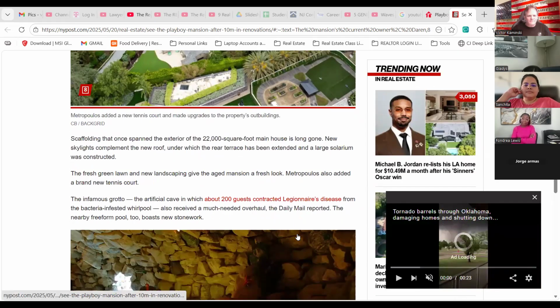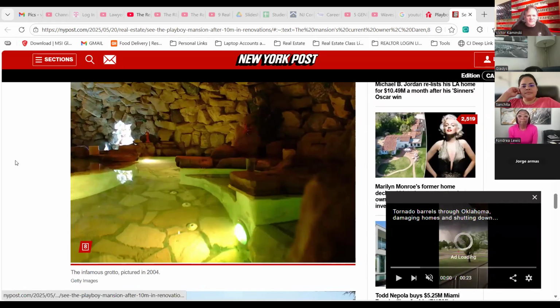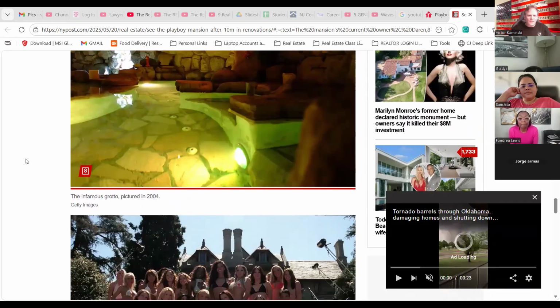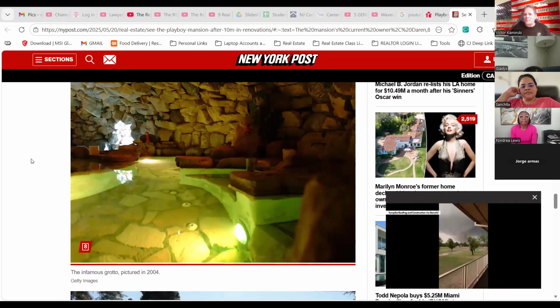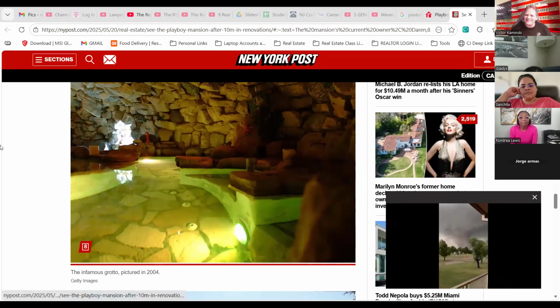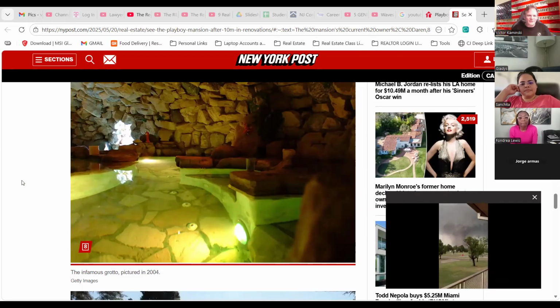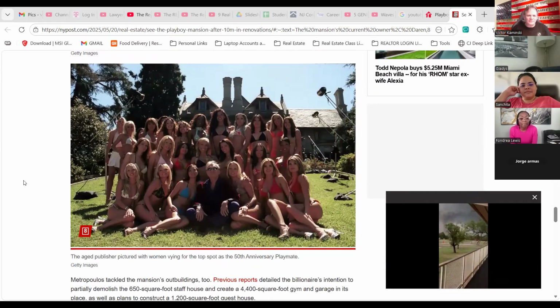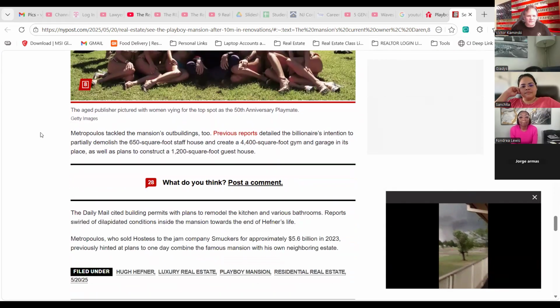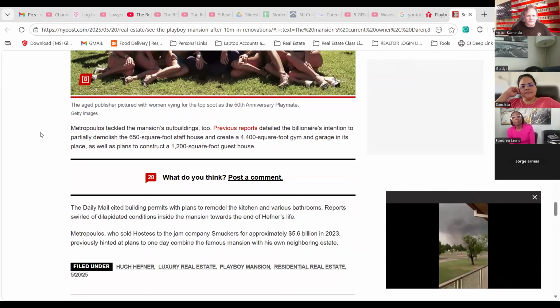It's a big place. There's the infamous grotto where a lot of people got sick one time with Legionnaire's disease, and all kinds of other debauchery that was going on there. Playboy bunnies on the front lawn.